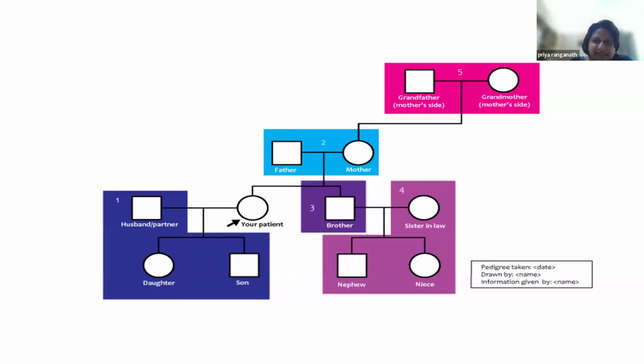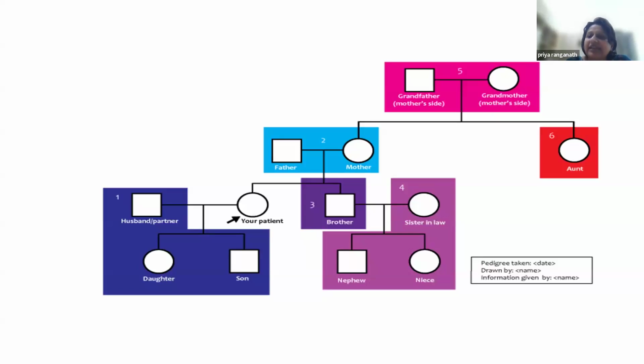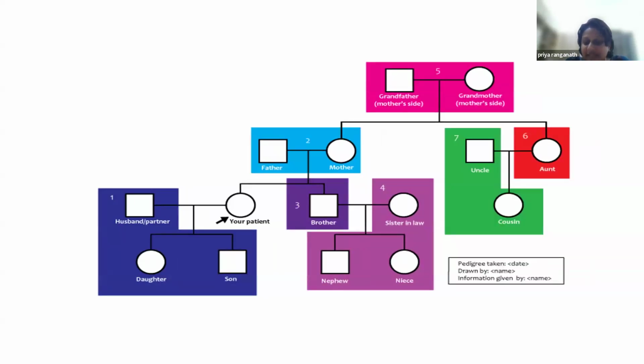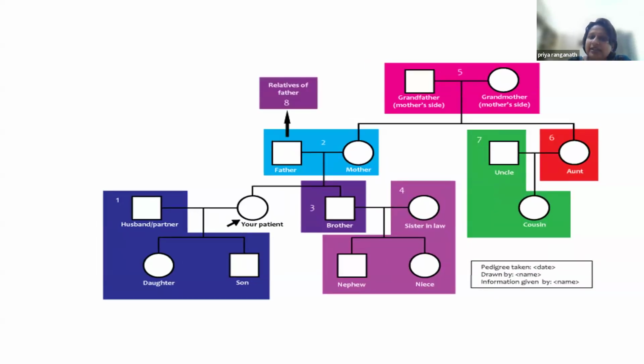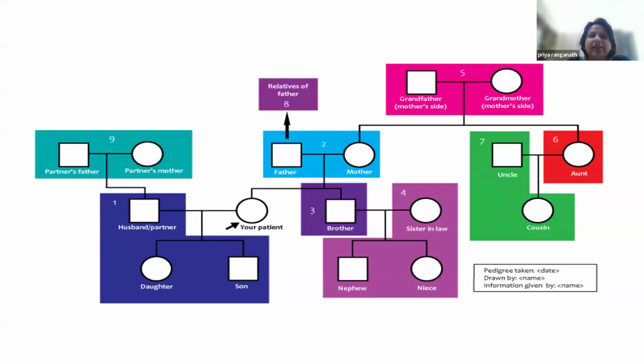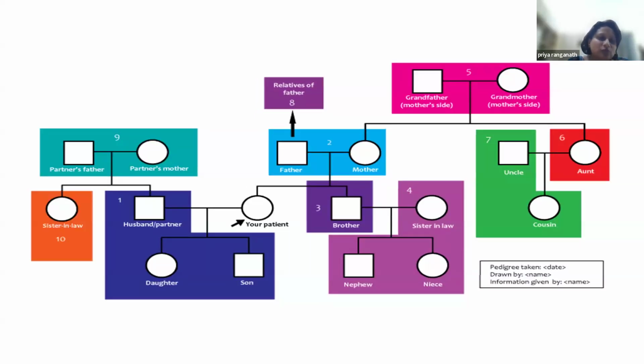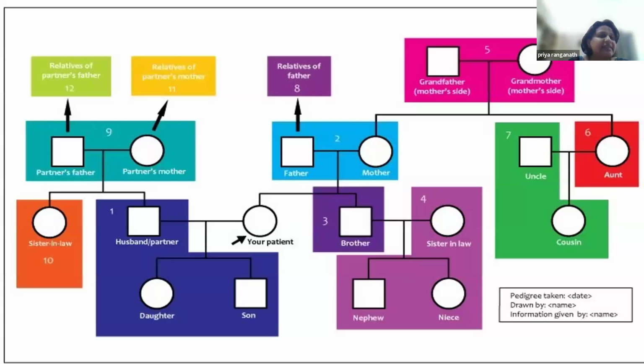Okay, then go to the mother's side, identify the grandparents, and if you have any significant member from there, the aunt, uncle, and so on can be added, and their family can also be incorporated. Now look next at the relatives of the father, and you can add the father's side of parentage also. Then coming back to the husband's side, you can see the partner's father, mother, then go for their sibs, then you can go for their relatives in the future.